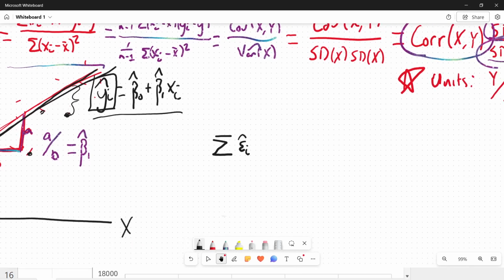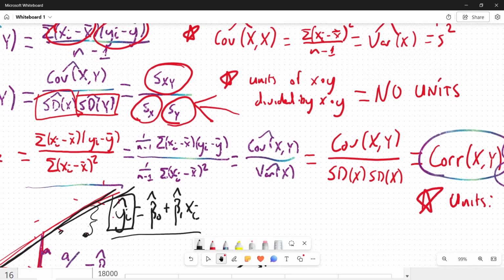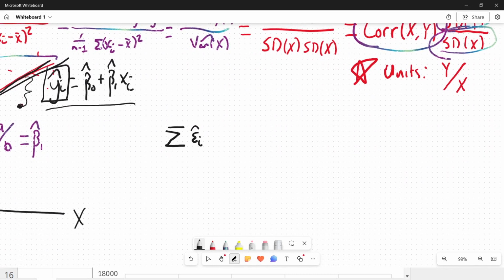So instead of minimizing regular epsilons, I might think about minimizing the absolute value of epsilons added together, but that's not easy to do with calculus because absolute value is not a strictly convex function. So I'll do something similar to what we did with the variance. I'll square them, and I'll minimize that in order to come up with beta 0 and beta 1. We've got a name for this, by the way. This is the sum of squared residuals.